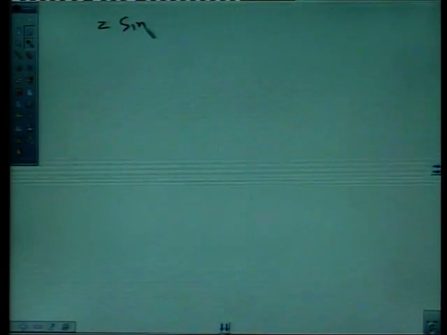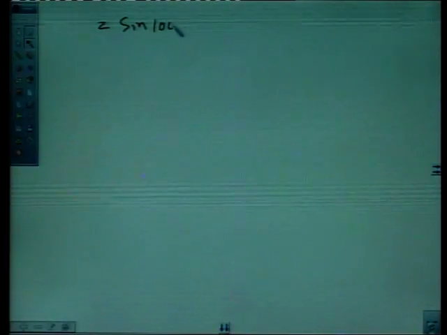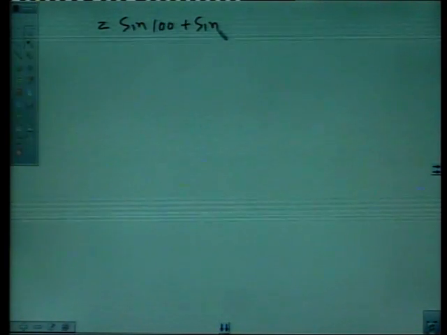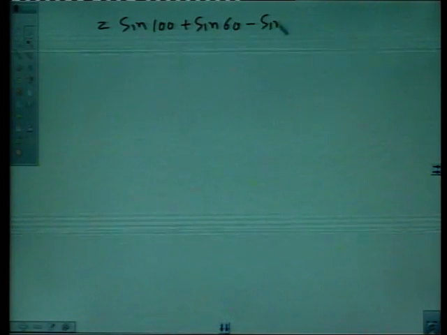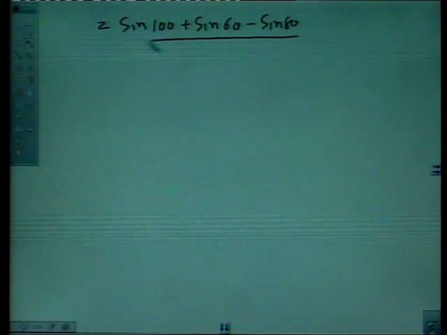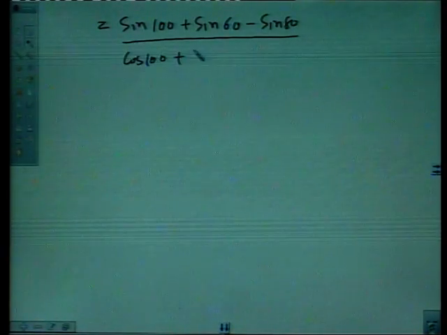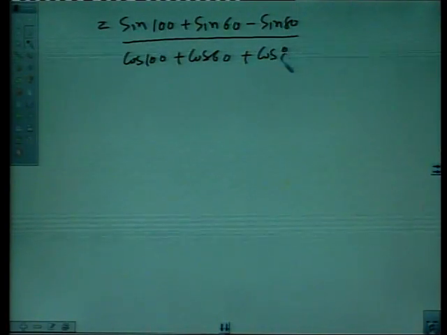After simplification, it becomes sin A plus B, 80 plus 20, 100, plus 80 minus 20, 60, sin 60 minus sin 80 already is here, upon cos 100 plus cos 60 plus cos 80.